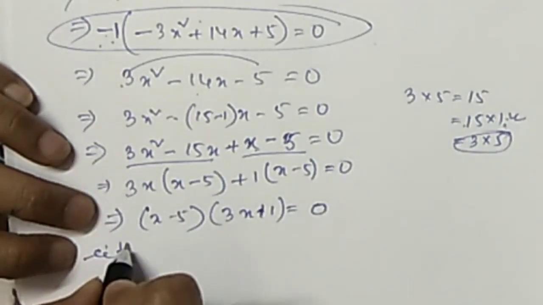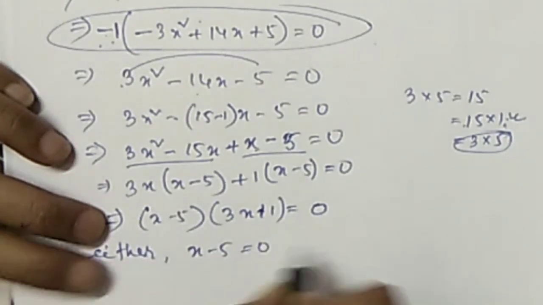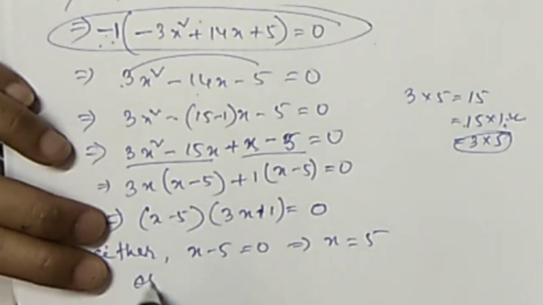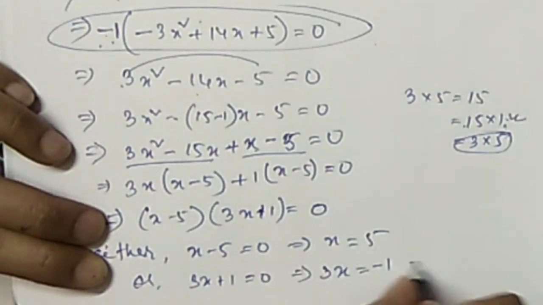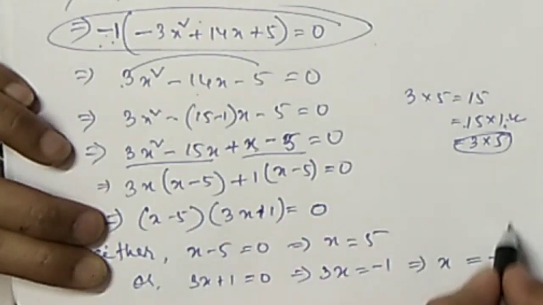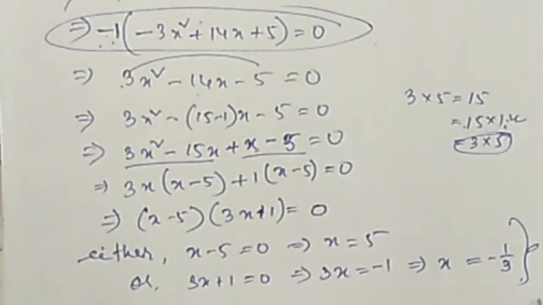So either x minus 5 is equal to 0, x is equal to 5, or 3x plus 1 is equal to 0. That means 3x is equal to minus 1. So x is equal to minus 1 by 3. Thus we have got two answers.